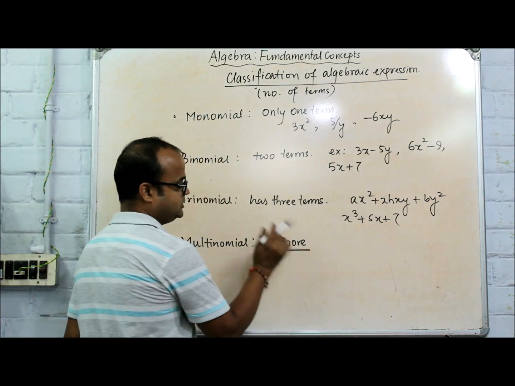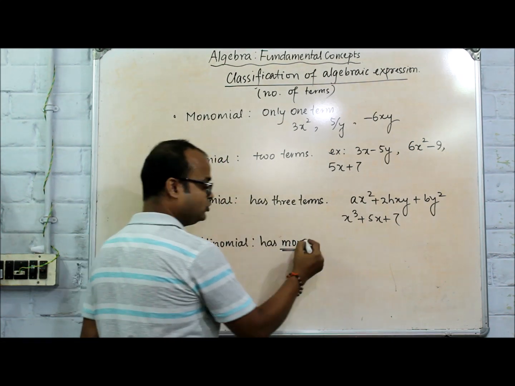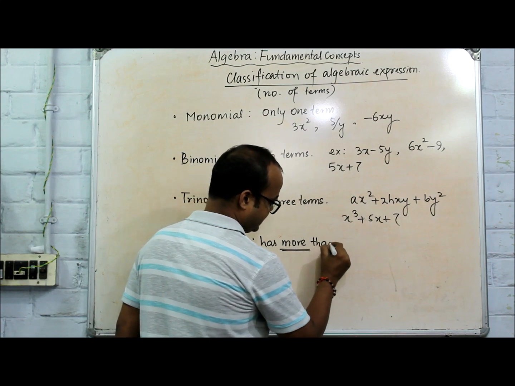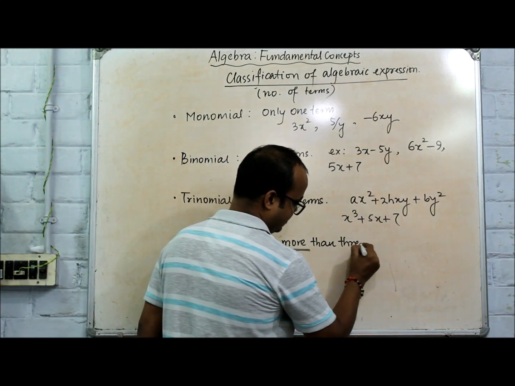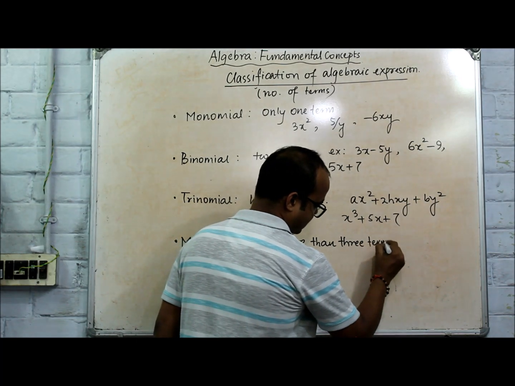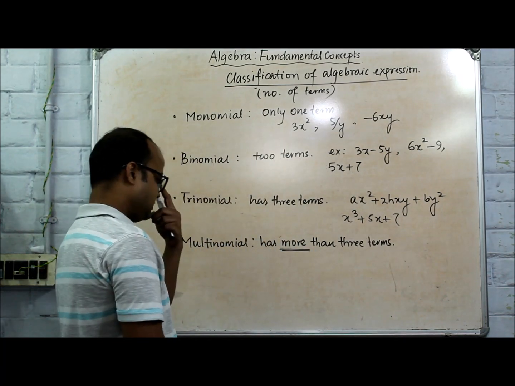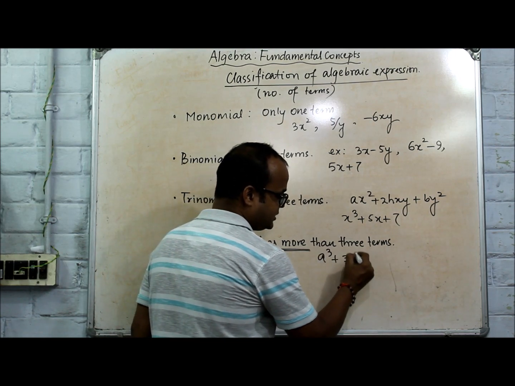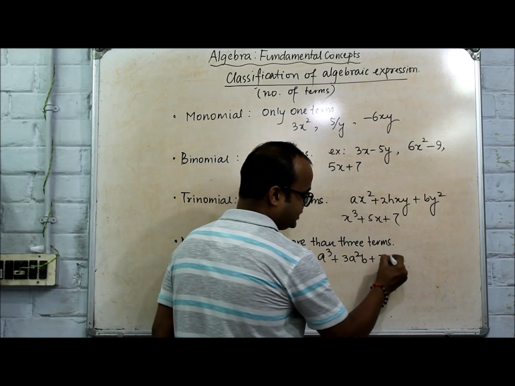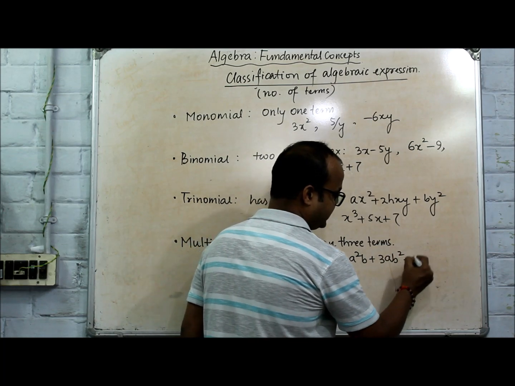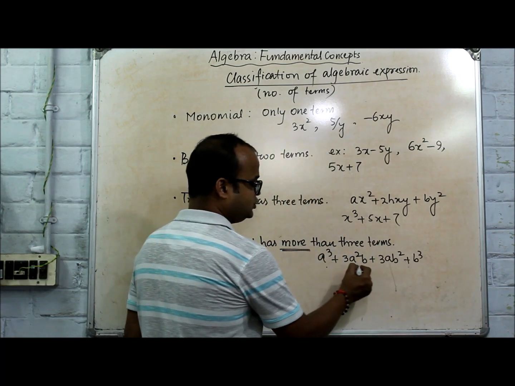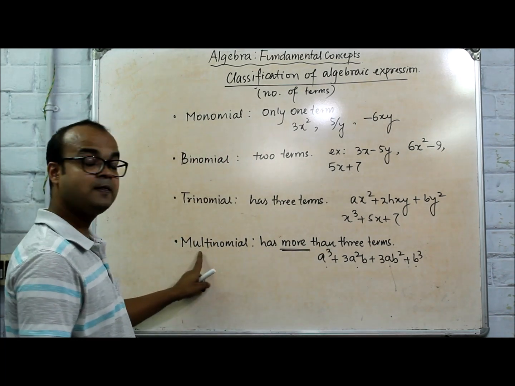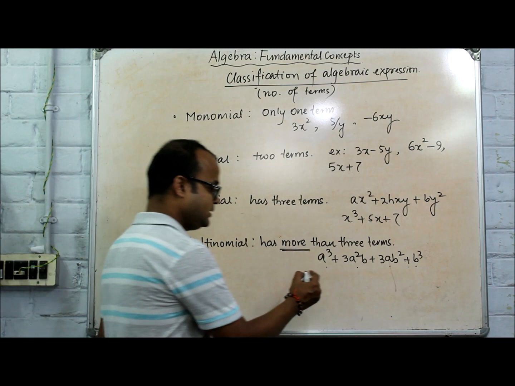This term separates these two: here three terms, and here more than three terms. Like a cube plus 3a square b plus 3ab square plus b cube, 1, 2, 3, 4, 4 terms, more than 3 terms. So it is a multinomial.